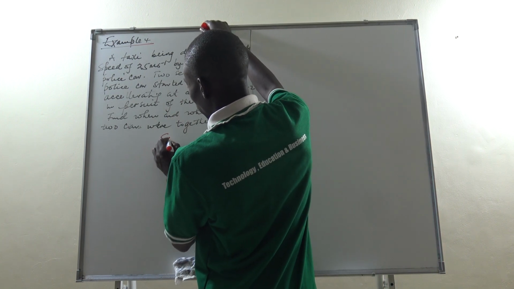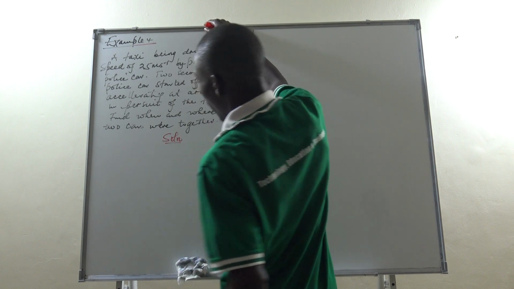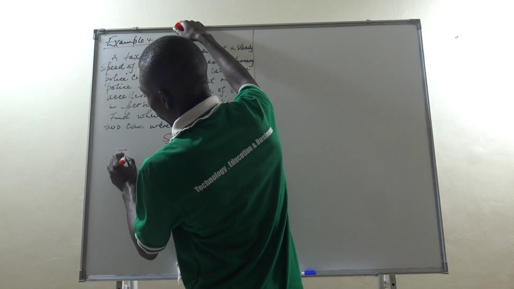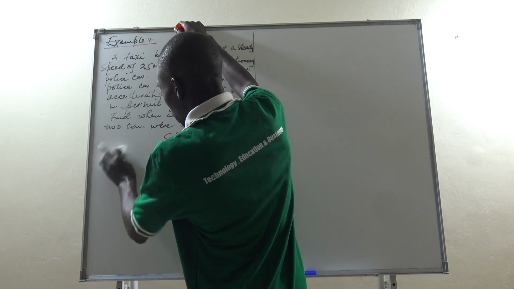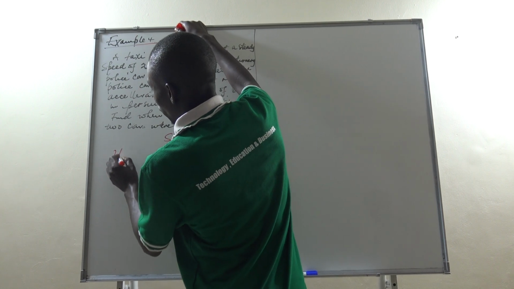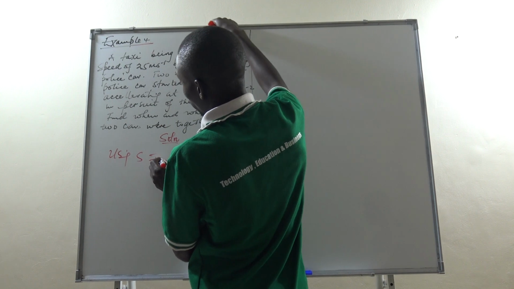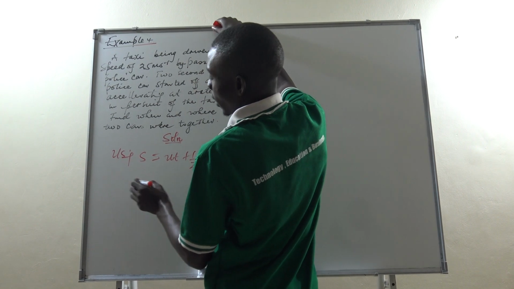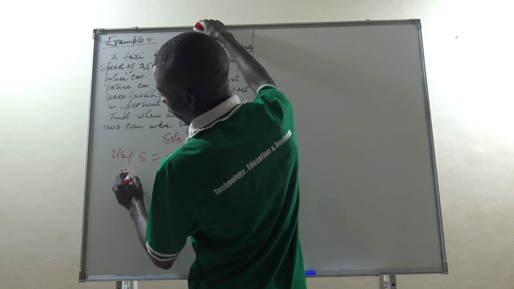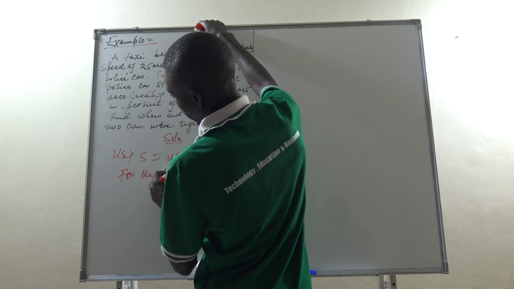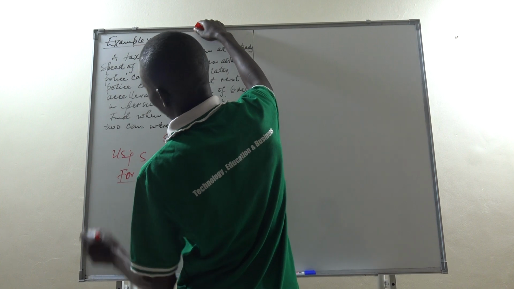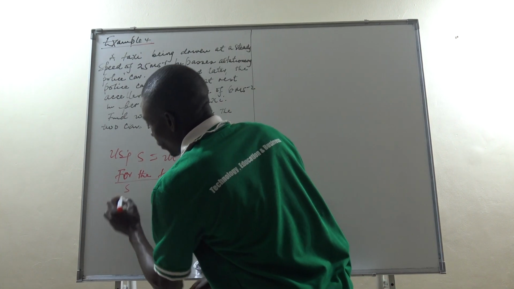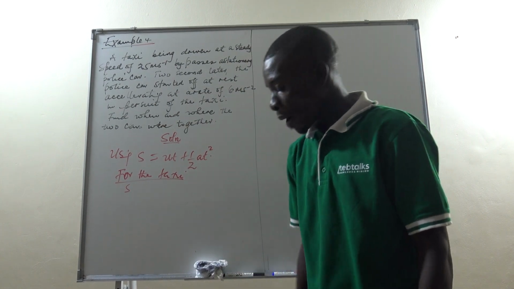So if we are to solve this, we can say for the taxi, using this equation, S equals ut plus a half at squared. If I'm to look at the taxi, I will say what is the distance covered by the taxi from the time it bypassed the police.